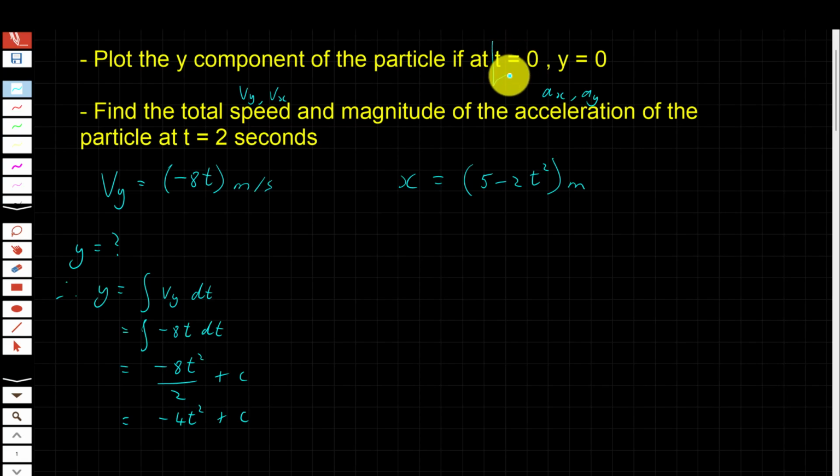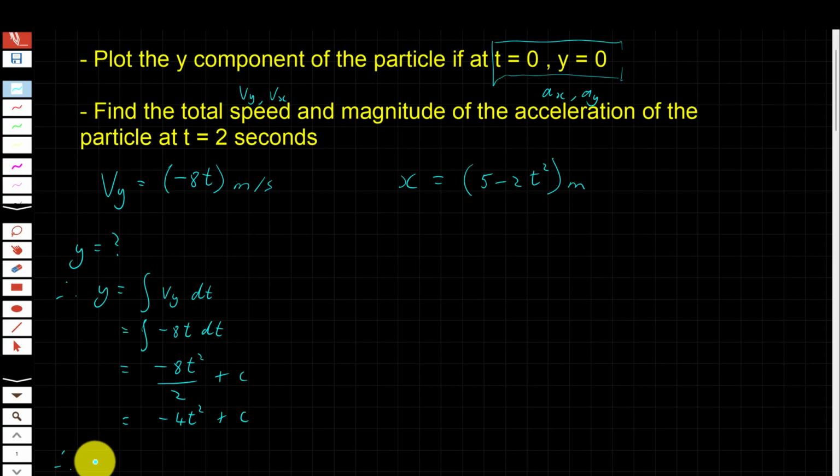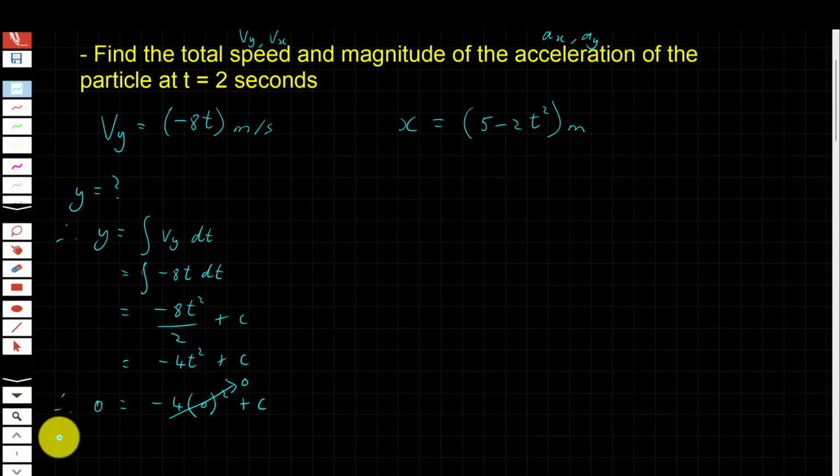We set y equals 0 and t equals 0, and we'll find that c will equal 0. So there we go, c equals 0. So the y position function is -4t squared.